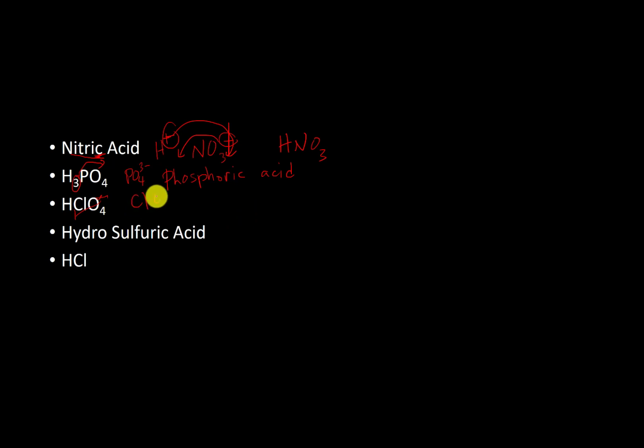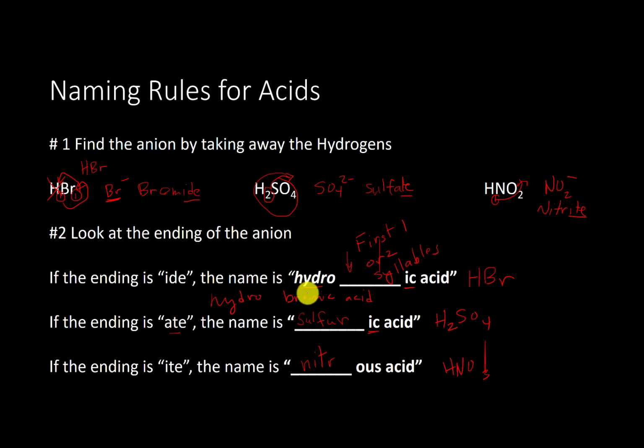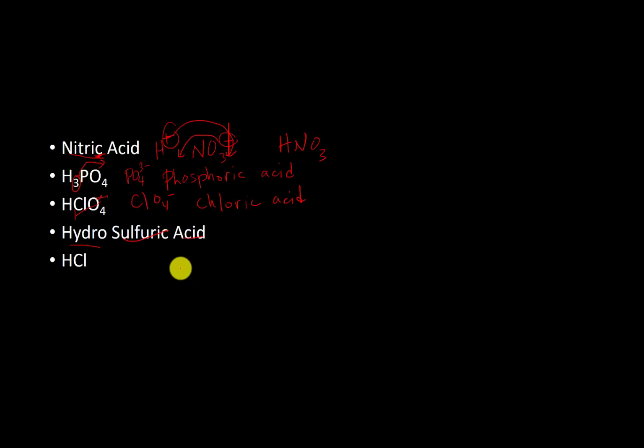We've got ClO4 negative. This is called chlorate. And so if it's chlorate, then when we turn that into an acid, it's going to be called chloric acid. Now we've got something called hydrosulfuric acid. If it has hydro in the name, then the ending of the base anion must be ide.